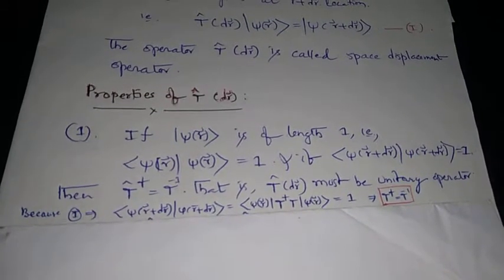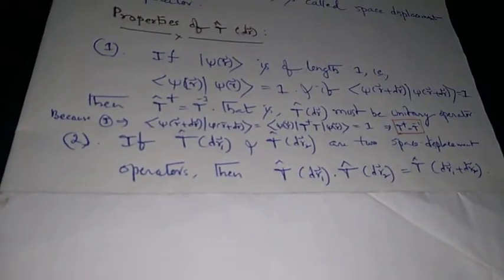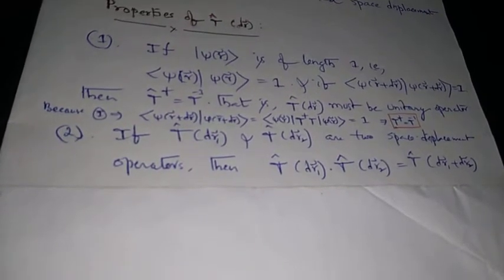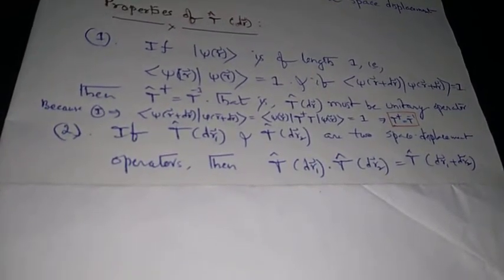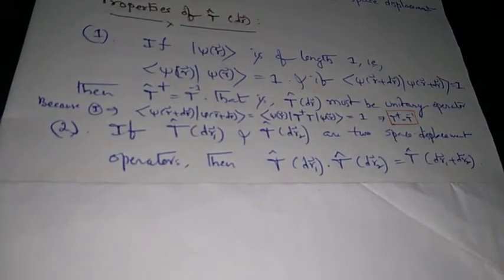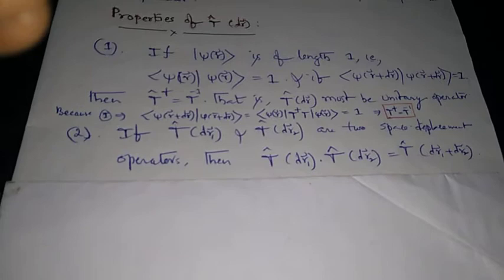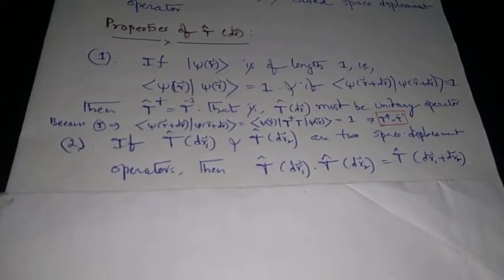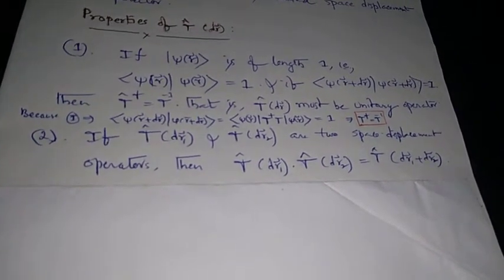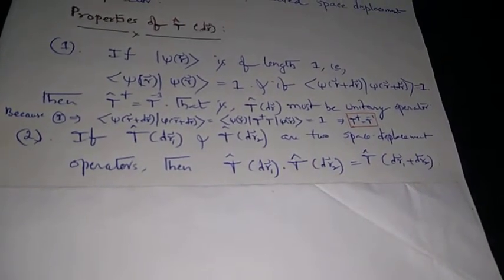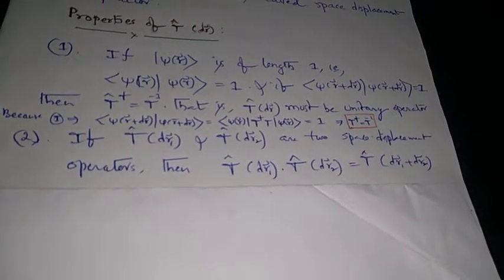So this first property is actually a kind of proof for the operator T being a unitary operator. The second property is that if you take two displacement operators T of dr1 and T of dr2, then their product T dr1 into T dr2 should be equal to T of dr1 plus dr2.